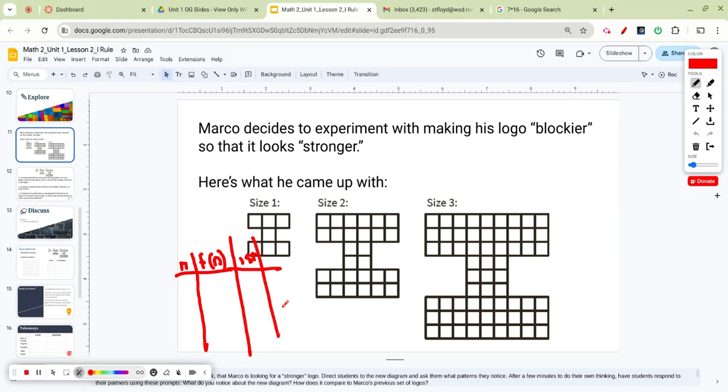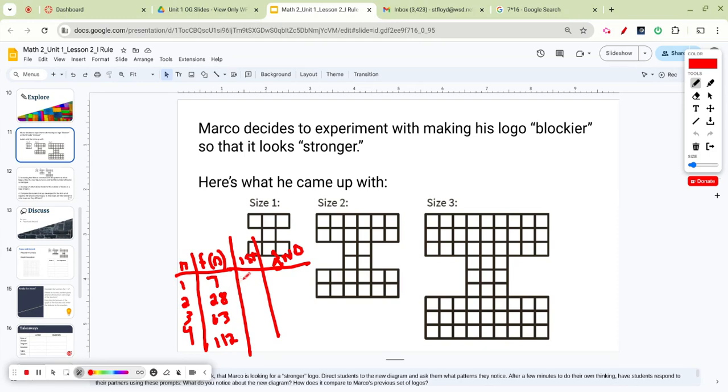First, second, okay, we had 1, 2, 3, 4. This was 7. This was, what was it? 28. This was 63 and 112 or something.